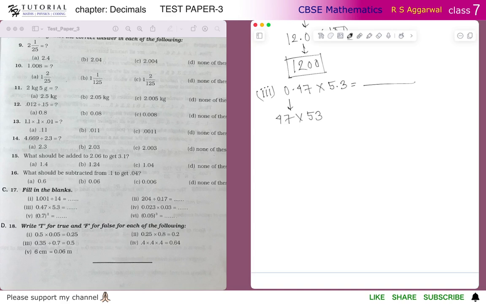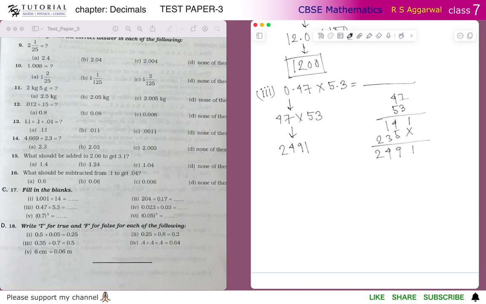So let's first find the product of 47 and 53. So this is 2135, 9. So this is 2491. This is the product of the decimal numbers omitting their decimal points.